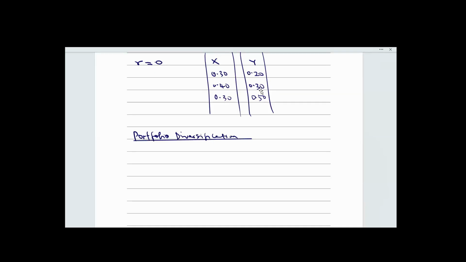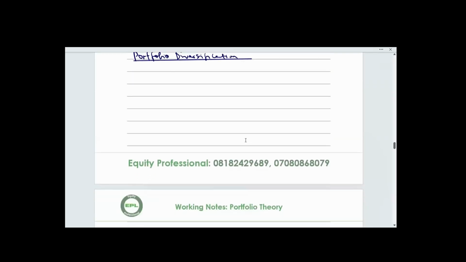So the final area that we are going to touch on is portfolio diversification. When I started with the definition of a portfolio, I said that a portfolio represents a collection of several investment instruments like bonds, shares, stocks, or other similar instruments.